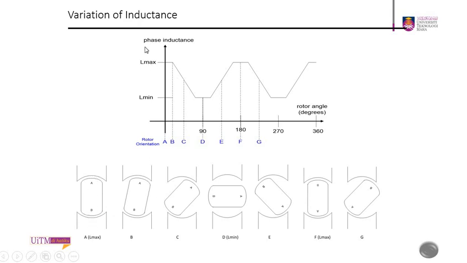So you have the maximum phase inductance value during position A, and then B, and then it will slightly reduce. When it reaches the D position, where the rotor is diagonal, you have the least value of inductance, L minimum, and you can see the reluctance is high.